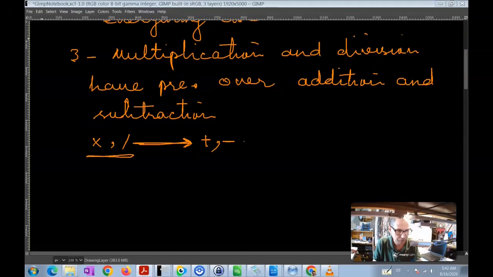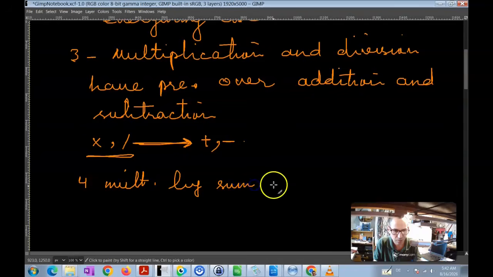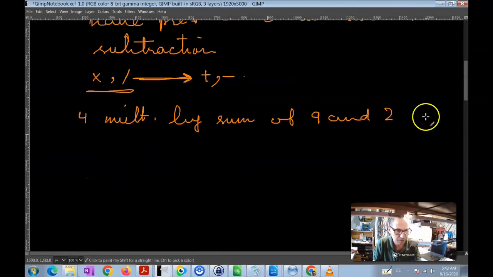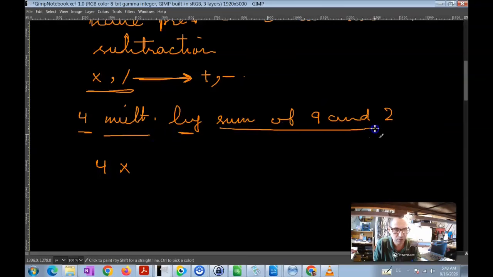Meaning that when I say 4 multiplied by the sum of, for example, 9 and 2, what I mean by this, when I write this expression in English in this way, is that there is this 4, and this is supposed to be multiplied by the sum of 9 and 2.